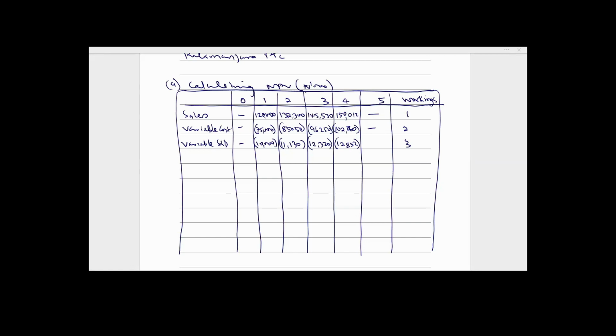We are given fixed production cost of 4 million naira. I don't need to do a working for the units because it's not related to the number of units.